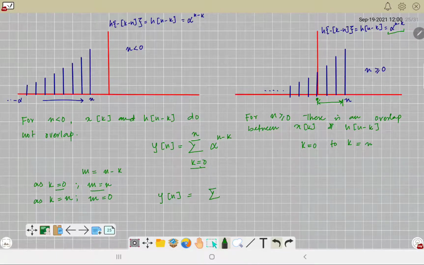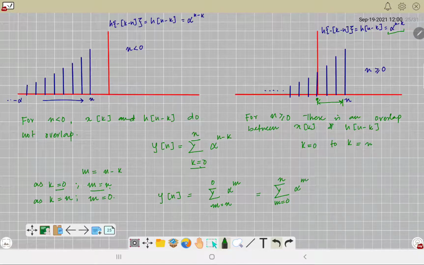When k is 0, the value of m is n, so it will be m running from n to 0 of alpha raised to the power m. Now since it is a summation, whether you sum from n to 0 or from 0 to n, it doesn't matter. So I can very well express it as m equals 0 to n of alpha to the power m.